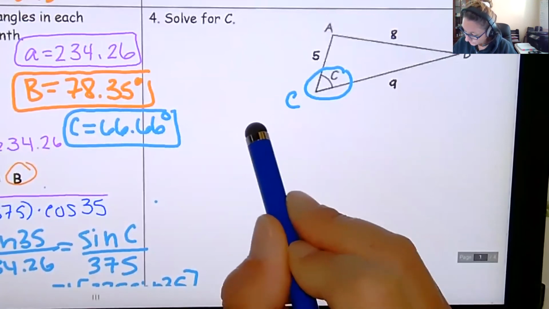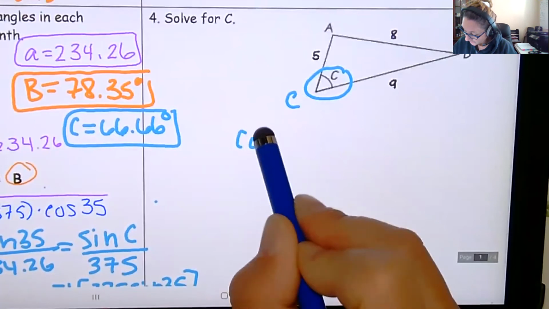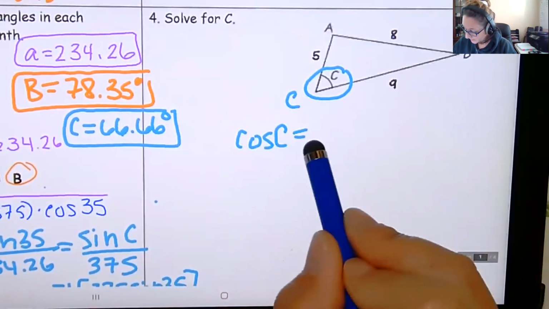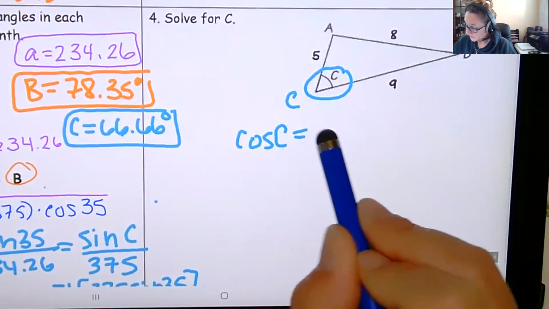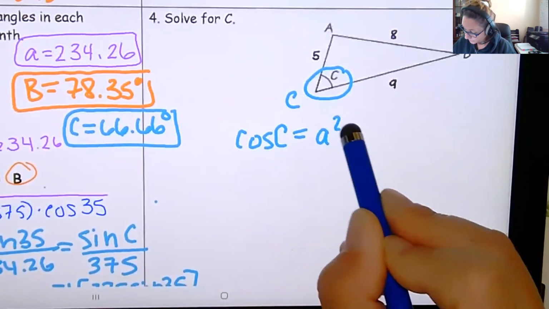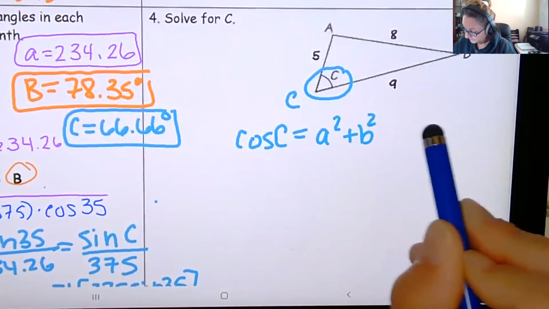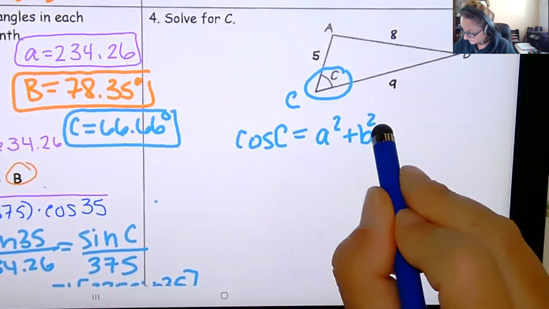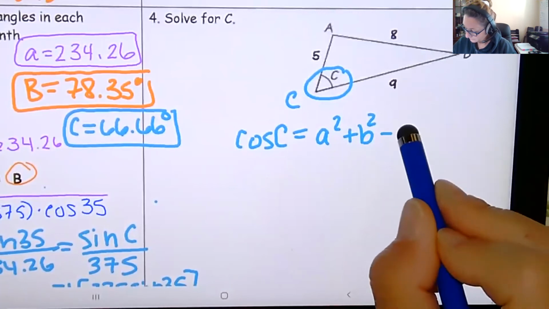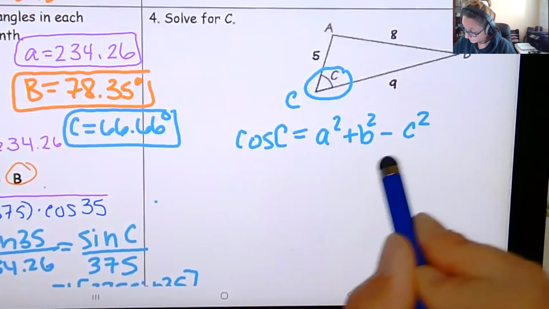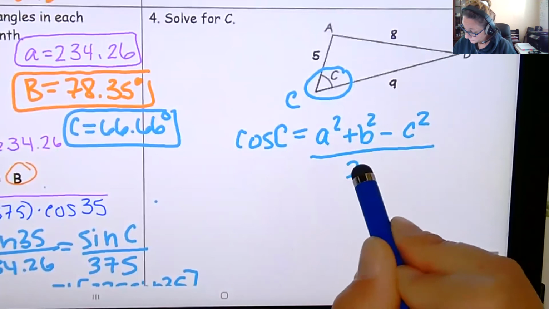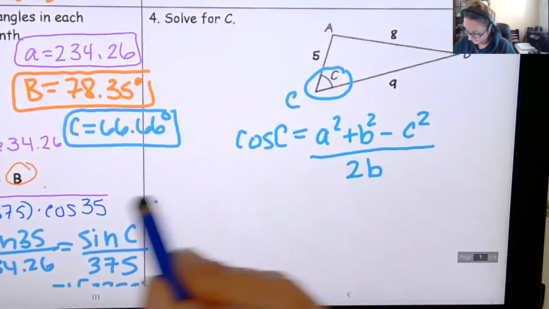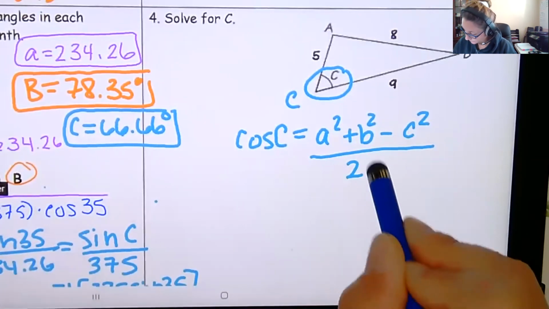So I'm going to be doing cosine C equals, okay? And so if this is a C, then I'm going to have A squared plus B squared, and then this is the one where it's the cosine C formula, minus little c squared, over 2 times A times B. Forgot which letter I'm using.